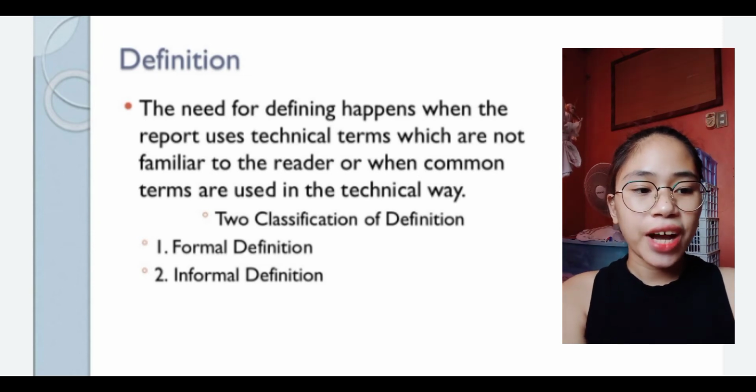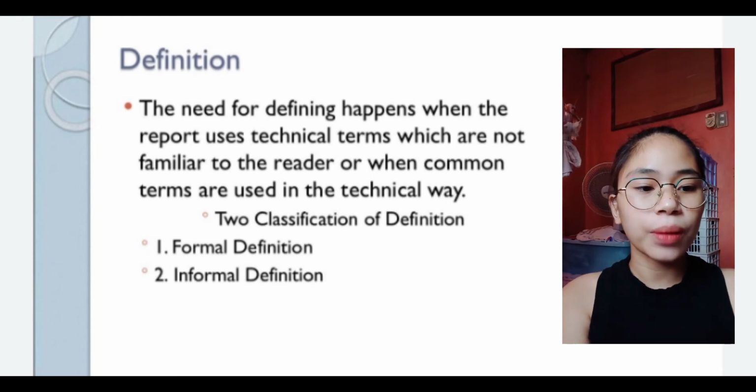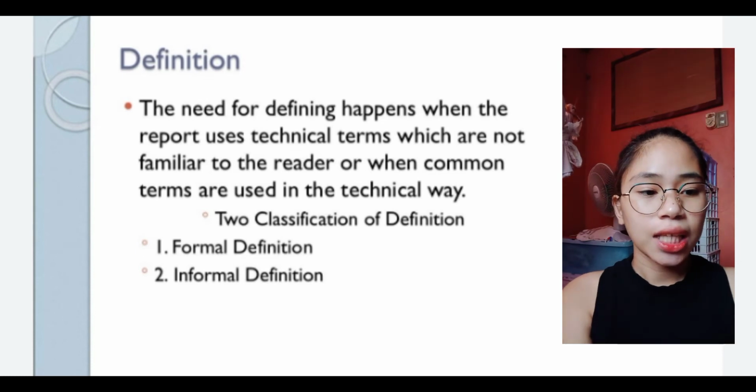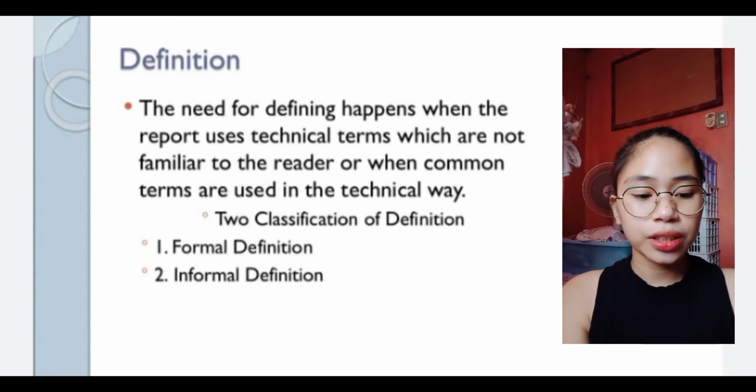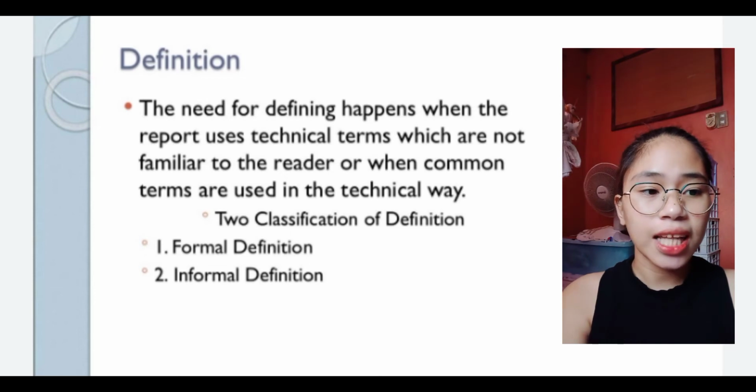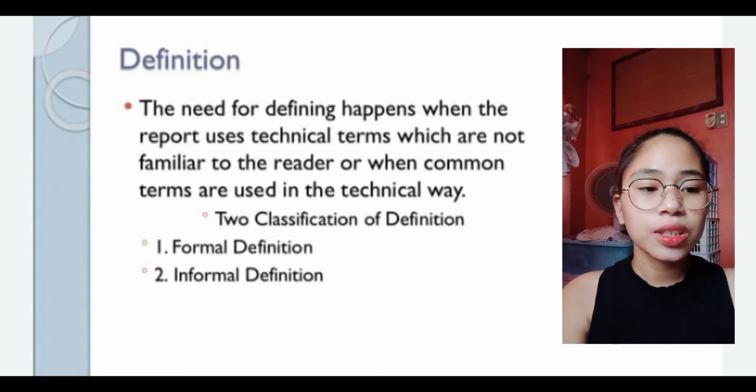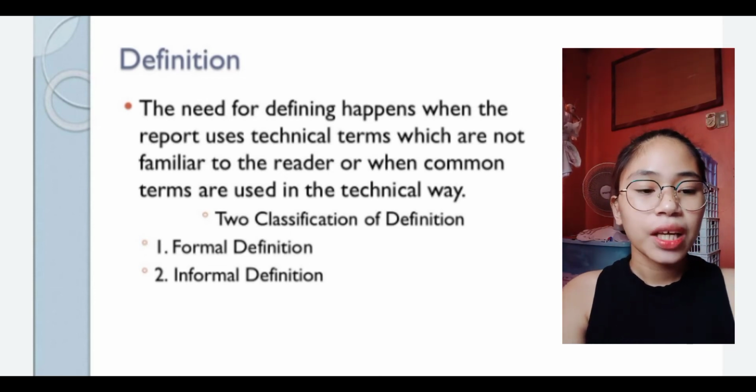The need for defining happens when the report uses technical terms which are not familiar to the reader, or when common terms are used in a technical way. So in short, definition is any term that you feel is not in your reader's vocabulary. The less expert your readers are, the more you need to define terms clearly.